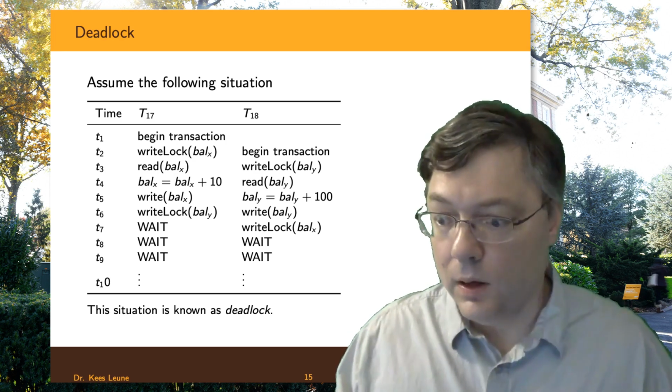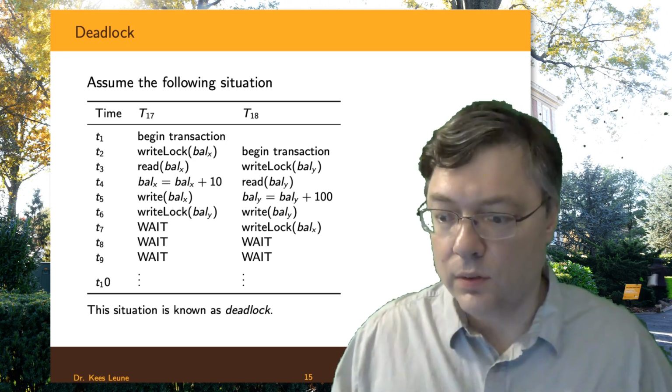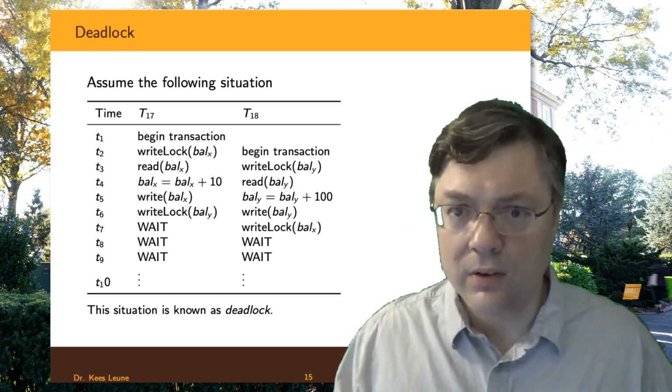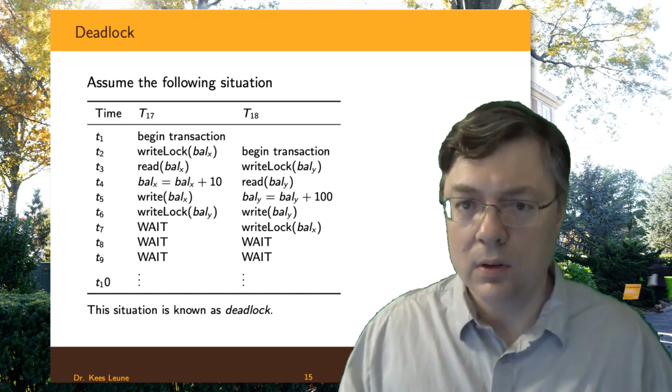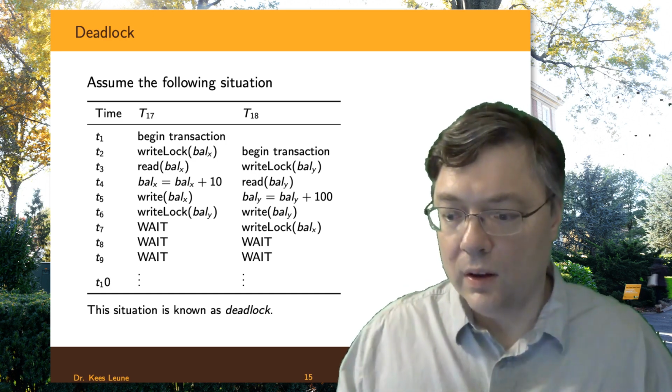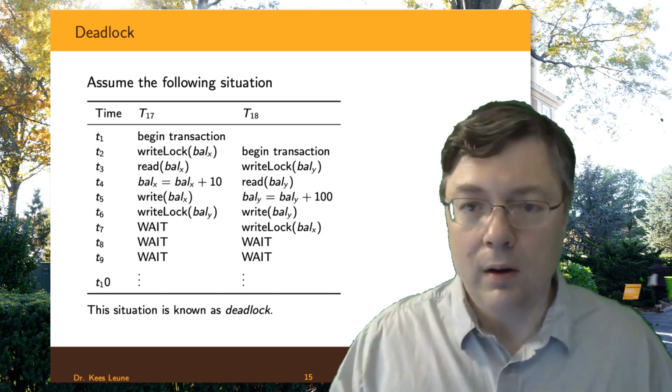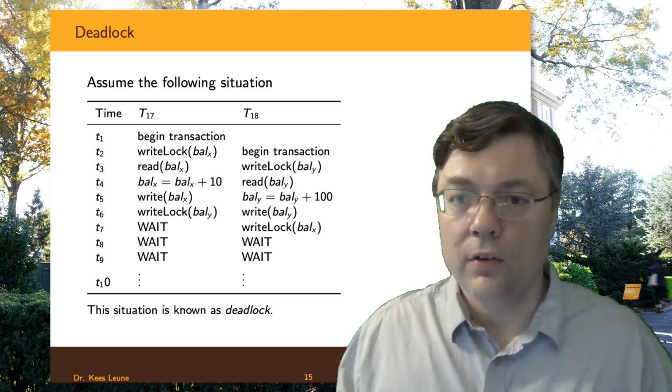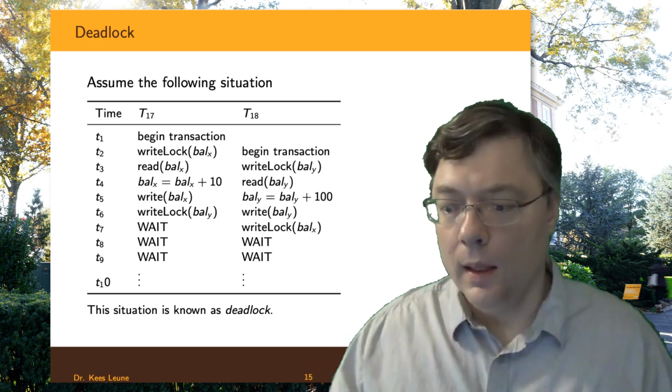It can't, because transaction 18 already has that lock in place, so it has to wait for that to be done. Except that transaction 18 is trying to get a write lock on the other field. And so they're basically waiting for each other.